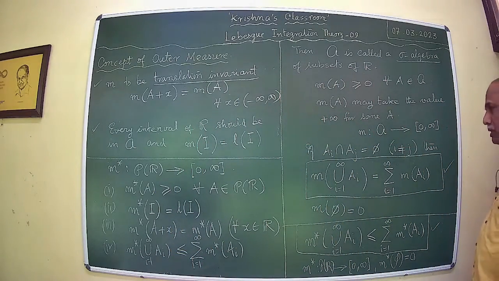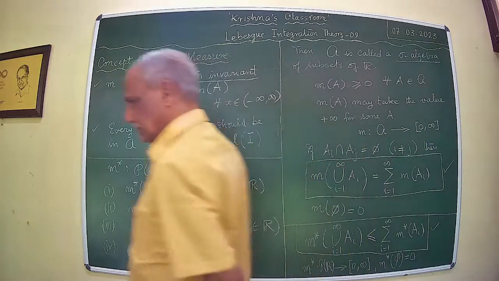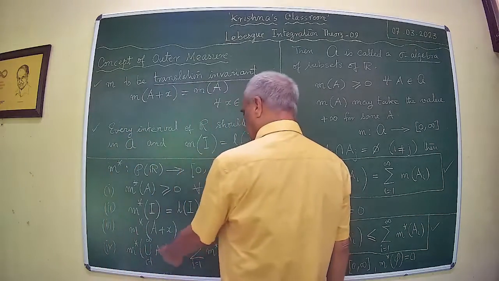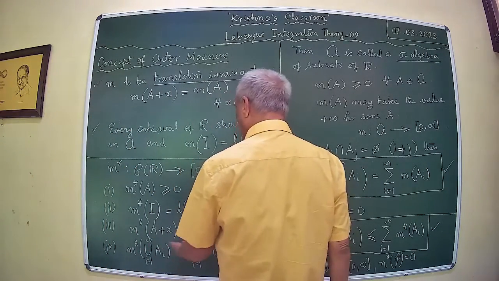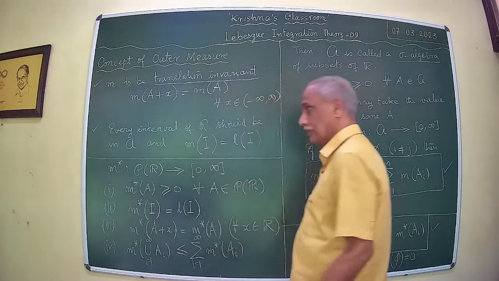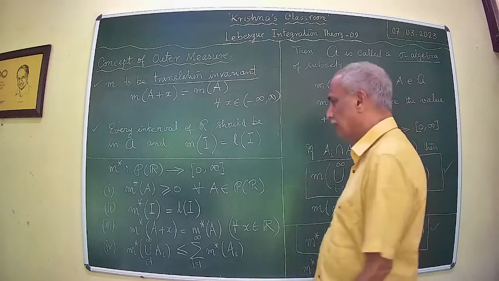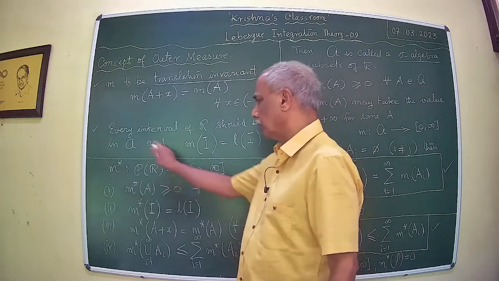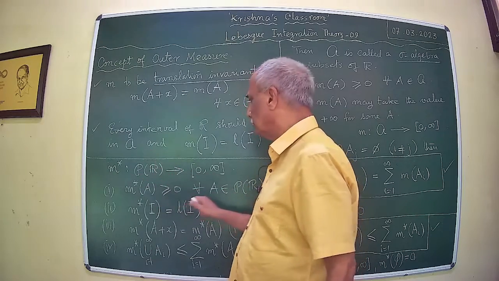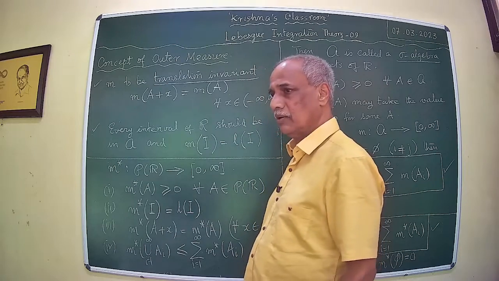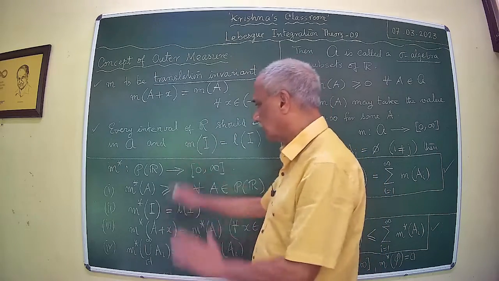So our task is now cut out. After doing this, we will think about how we can define M, how you can strengthen this particular relation and replace it by an equality, and if necessary, by throwing out some subsets of R from this class, where you can comfortably define such a function.